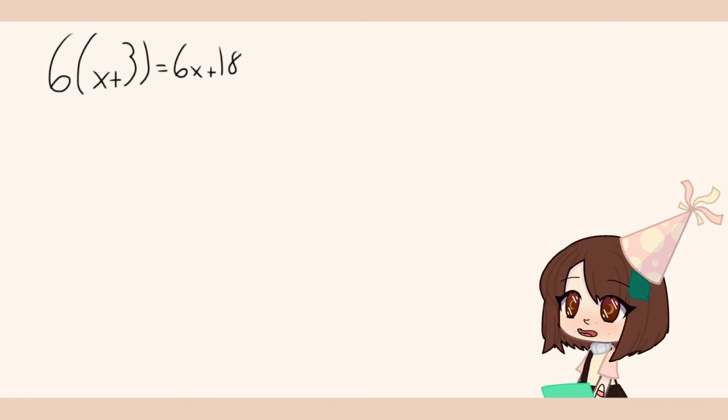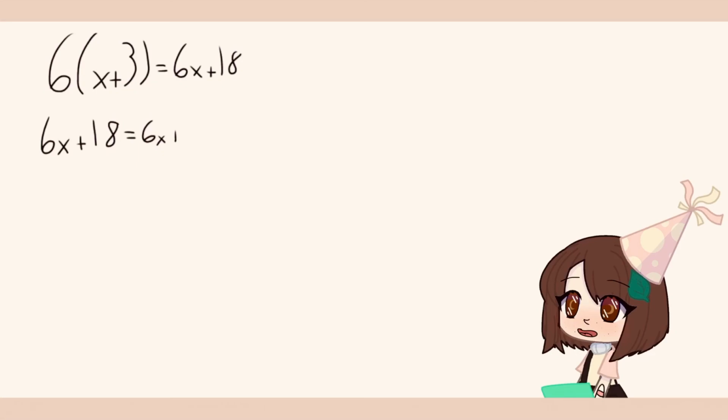So, first we're going to work on the parentheses. So 6 times x would be 6x, and plus, and then 6 times 3 would be 18. And 6x plus 18, just leave it there, like that.